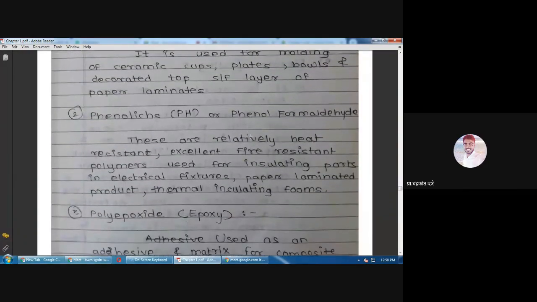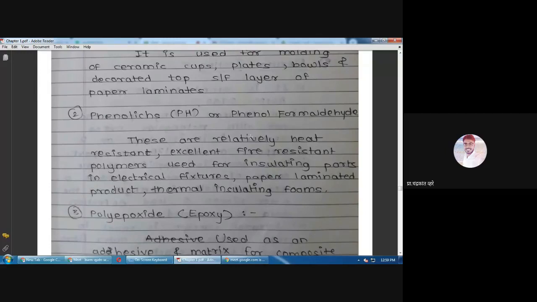Just we are using it for insulating purposes. We call it phenol formaldehyde. Okay, these are relatively heat resistant, which are resisting the heat. Comma, excellent fire resistance polymer used for insulating parts in electrical fixtures, paper laminated products and thermal insulating foams, meaning in the wire industry and electrical industry we are using it.